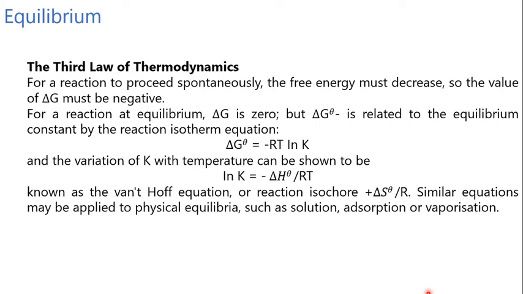For a reaction at equilibrium, delta G is 0, but the standard change in free energy is related to the equilibrium constant by the reaction isotherm equation, that is delta G0, the standard free energy, equals minus RT ln K. The variation of K with temperature can be shown to be ln K equals minus delta H0 upon RT, plus delta S0 upon R. This is known as the Van 't Hoff equation or the reaction isochore.